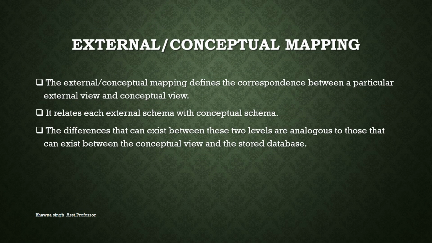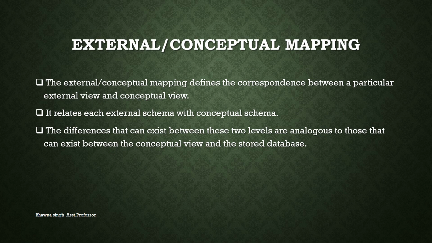Then the next type is external and conceptual mapping. The external and conceptual mapping defines the correspondence between a particular external view and the conceptual view. That means it is relating the external schema with the conceptual schema. It is showing the relationship between the external level and the conceptual level.